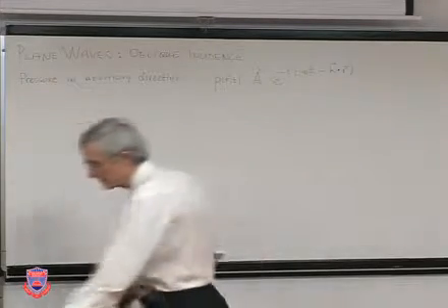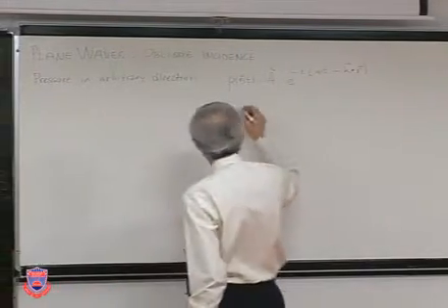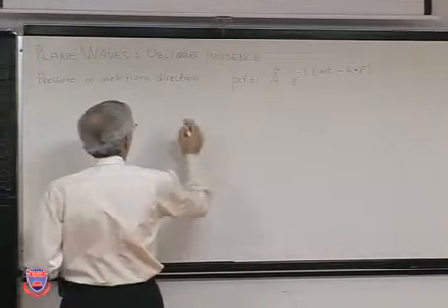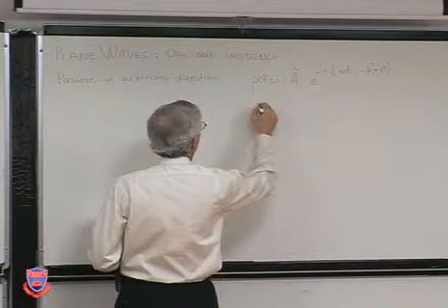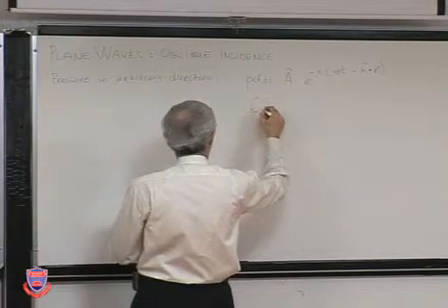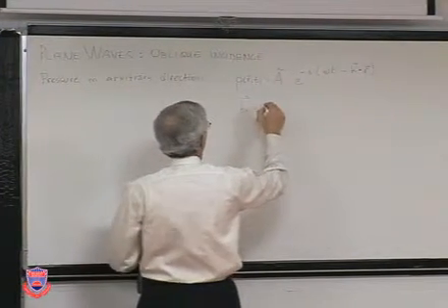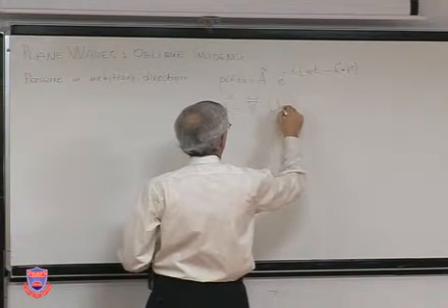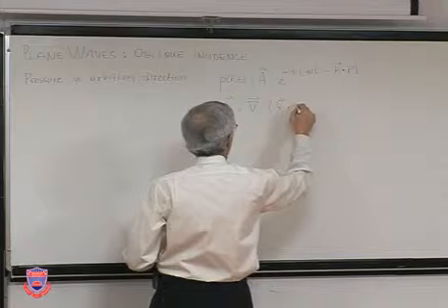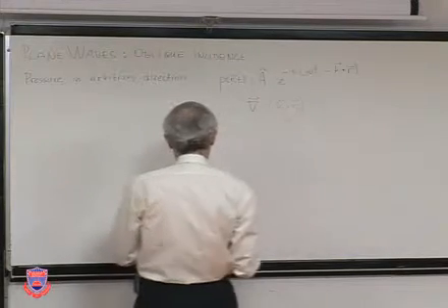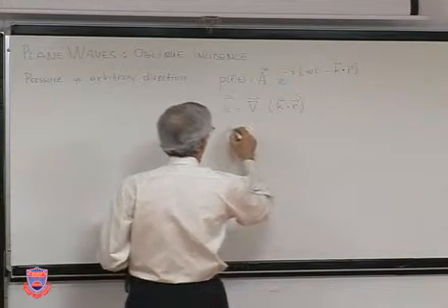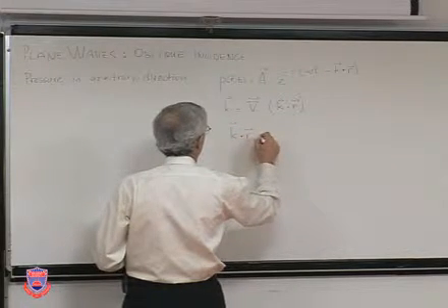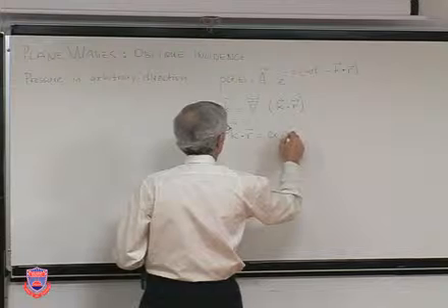And what we need to realize here is that the wave number is a vector quantity, and it's constant.